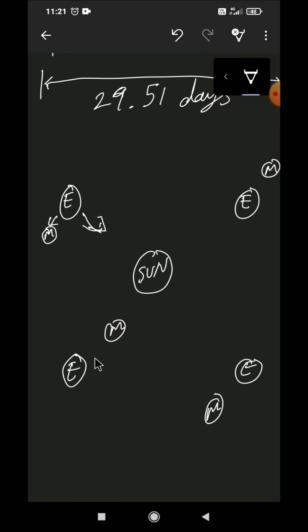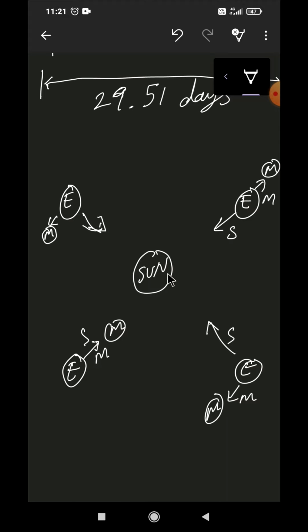Similarly, here there is the pull of the Sun and Moon both, and here is the pull of the Sun, and here is the pull of the Moon, and here is the pull of the Sun, and here is the pull of the Moon.